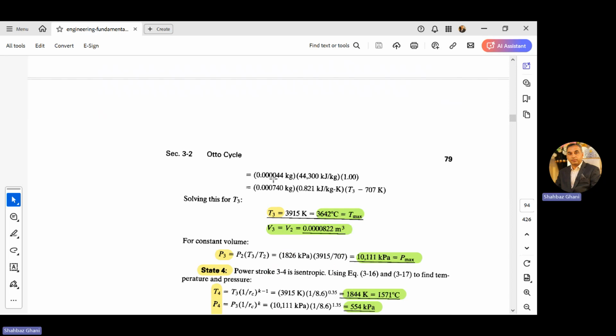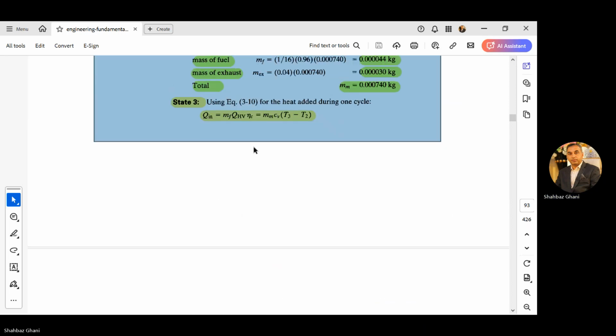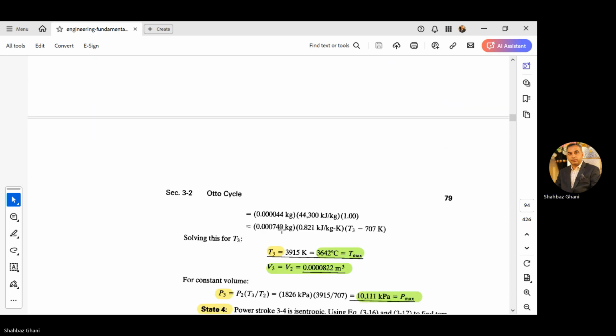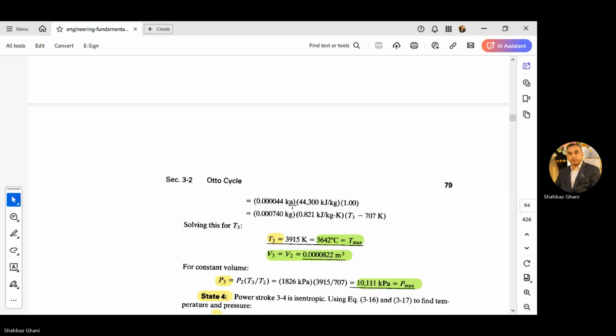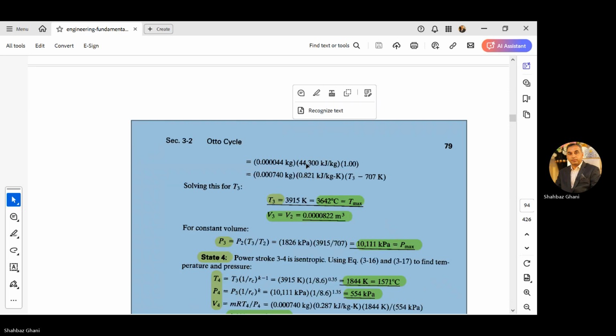Now putting in the values: mass of fuel, heating value of the fuel, and combustion efficiency is equal to mass of mixture times Cv times T3 minus 707 K.